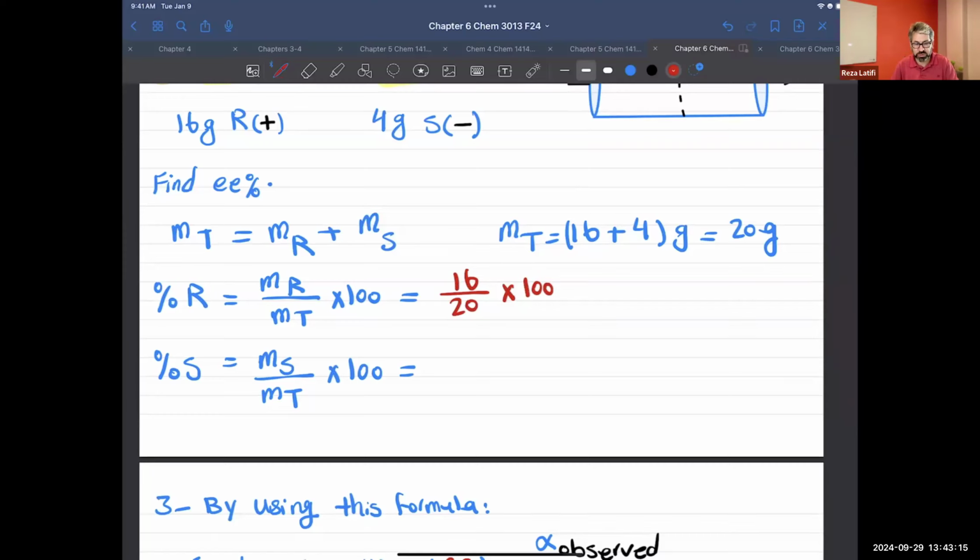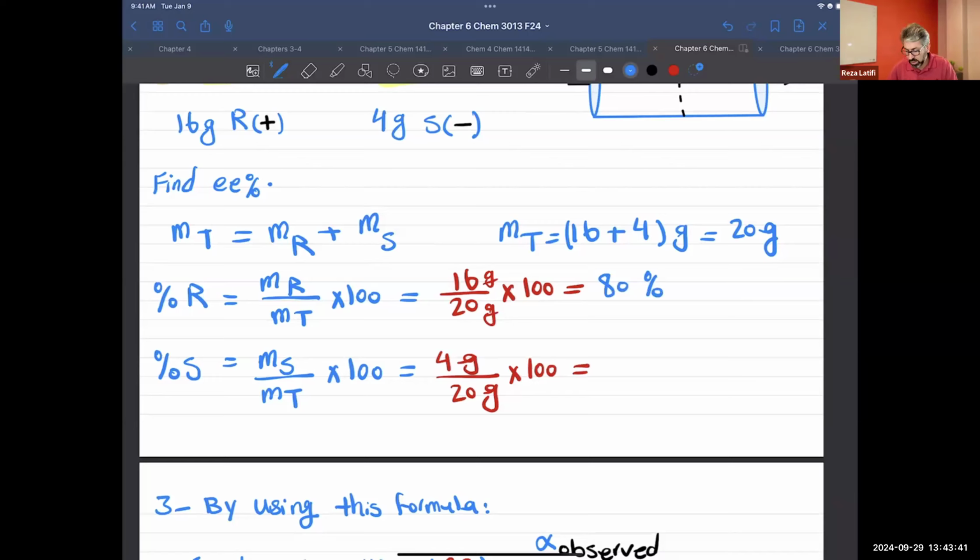The unit is going to be gram by gram, so they will cancel each other. And second one, I have 4 gram divided by 20 gram multiplied by 100. So I have 16 divided by 20, multiply 100, it will be 80%.